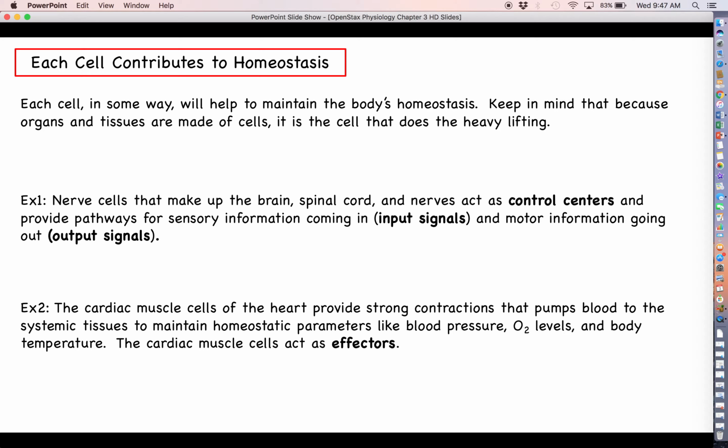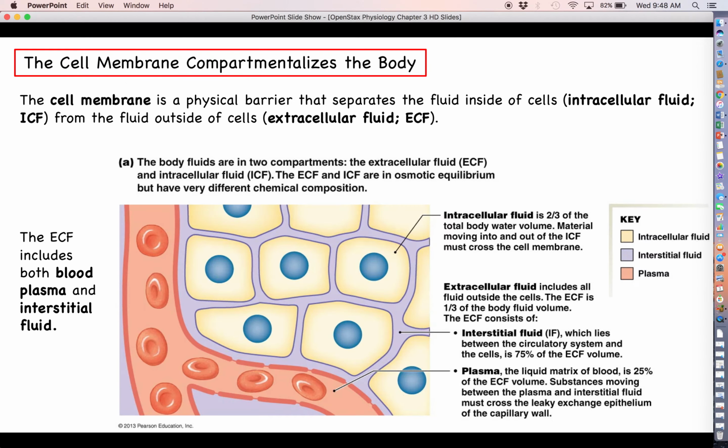These individual cells provide the contractions we need to deliver those things to all the different cells in the body that need them. In this case, all those cardiac muscle cells acting together are effectors because the heart can respond to output signals that are sent from the brain.